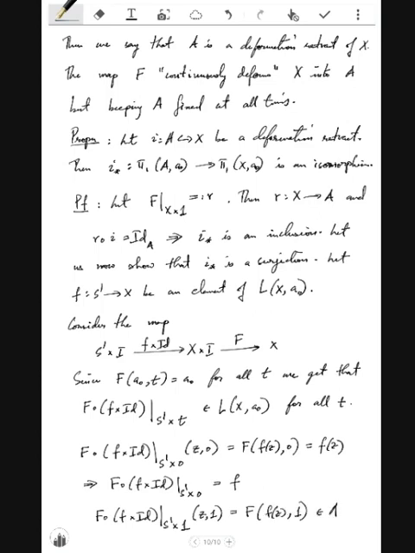This belongs to A. So if we take g to be the map from S1 to A given by g of z equal to F of z comma 1, then F compose f cross identity restricted to S1 cross 1 we can write as i lower star g.